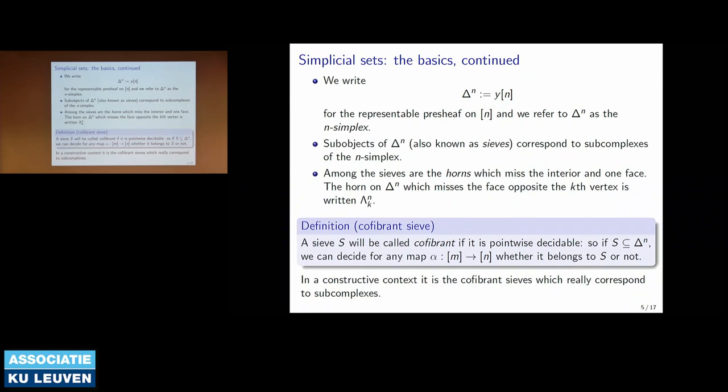If this condition holds, I will call the sieve cofibrant. I think in the constructive context, it's really the cofibrant sieves that we're interested in. For example, in general we cannot prove that delta n has finitely many subobjects, but we can prove that it has finitely many cofibrant subobjects like this.